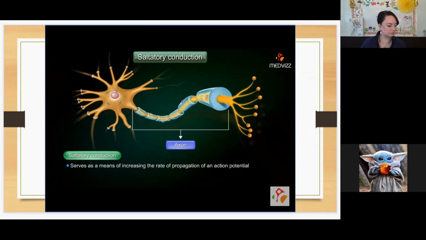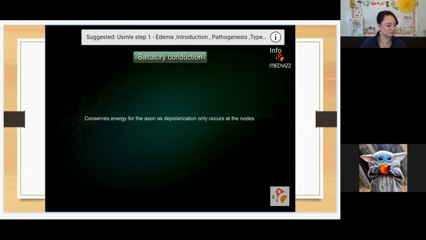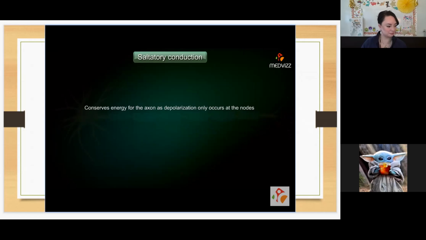Not only does saltatory conduction increase the speed of impulse transmission by causing the depolarization process to jump from one node to the next, it also conserves energy for the axon, as depolarization only occurs at the nodes and not along the whole length of the nerve fiber as in unmyelinated fibers.